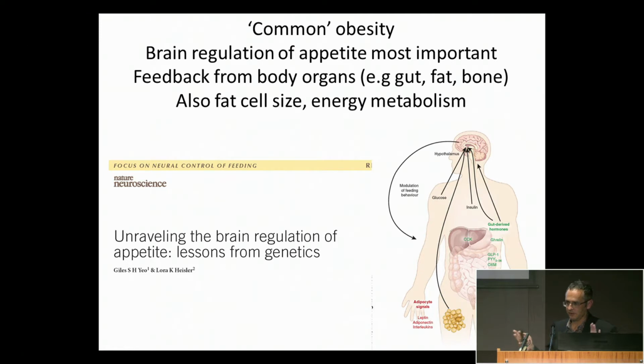So common obesity really is the biggest impact in our populations. And again, the same genome-wide association studies have emphasised the importance of brain regulation of appetite as the most important pathway, the strongest genetic effects in regulating the inherited contribution to obesity.